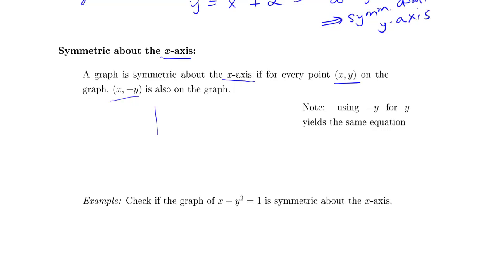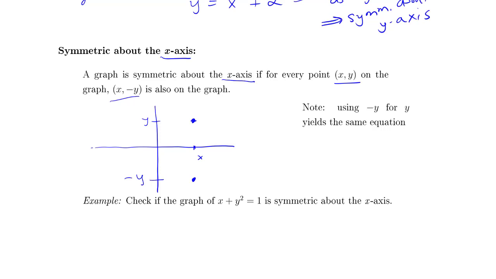So I have x, which gives me both y and negative y.